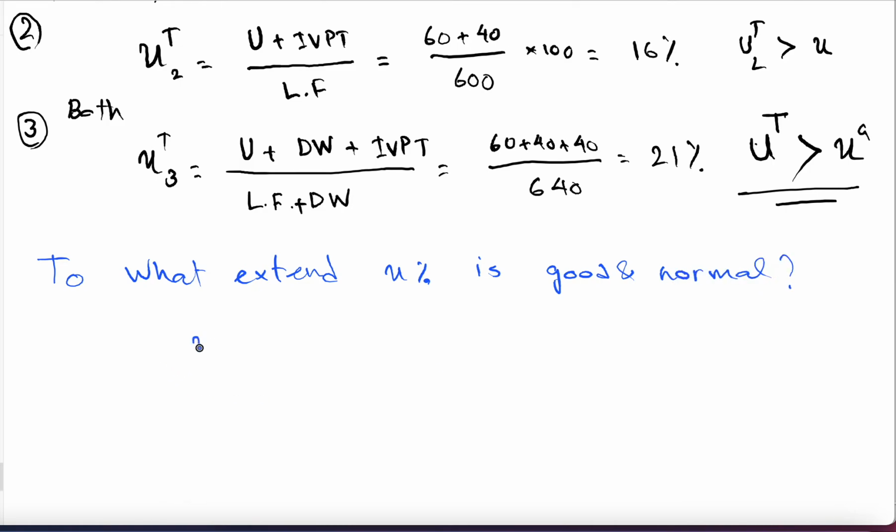So we know that the unemployment rate varies between 0% and 100%. 100% is a disaster. No one is working, no production. 0% might actually be considered a good thing, but economists are saying that an unemployment rate of 0 means that we are pushing too much.